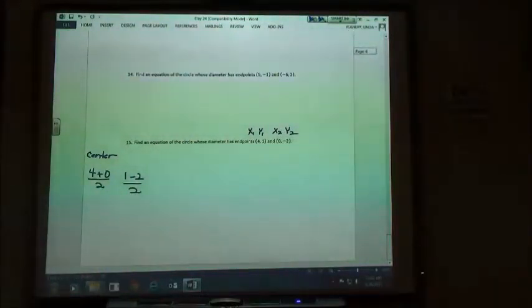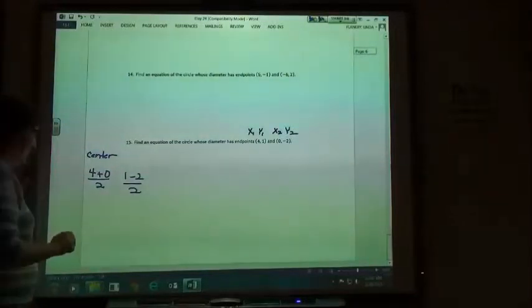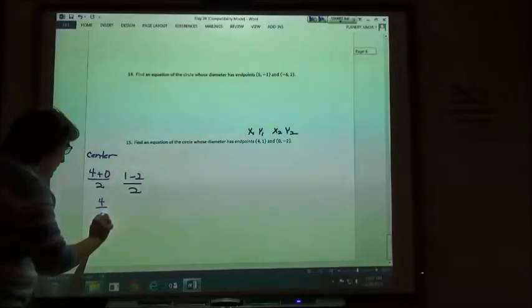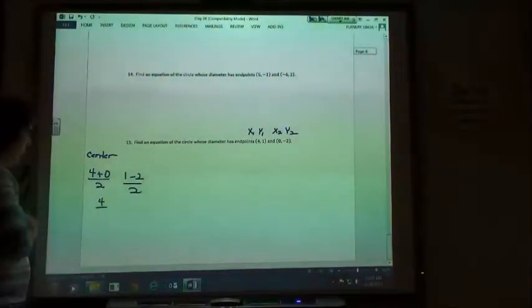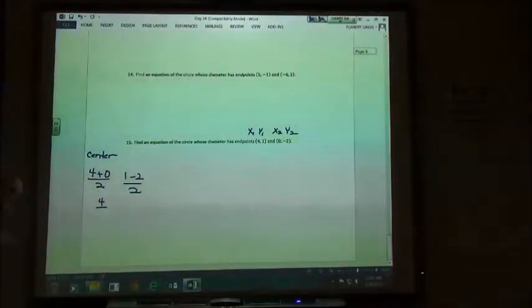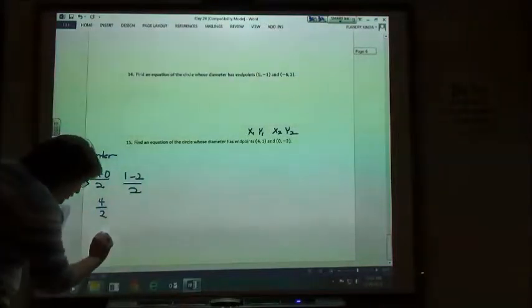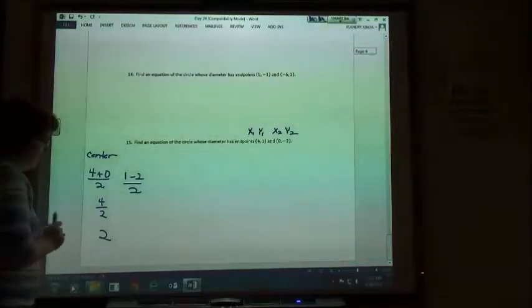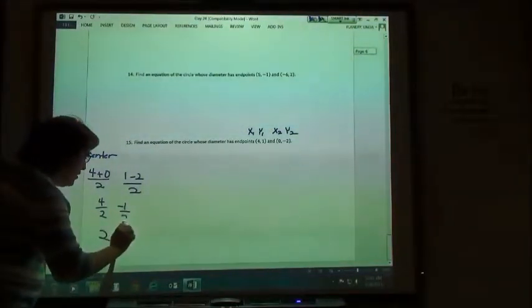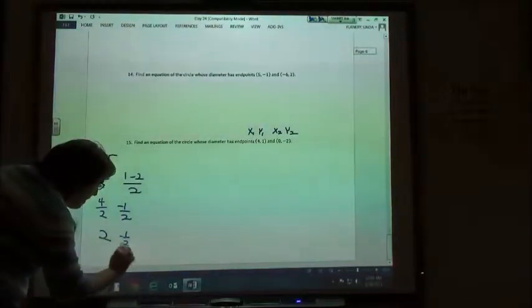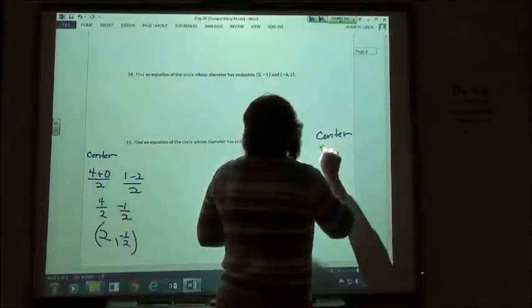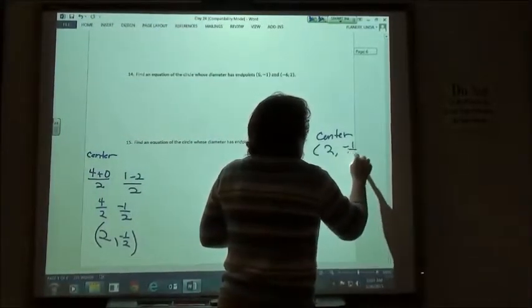Simplifying those, 4 plus 0 is 4, so 4 over 2 is just 2. And on the other one, 1 minus 2 is negative 1, so -1 over 2, which is just -1/2, right? So our center is at 2 and -1/2.